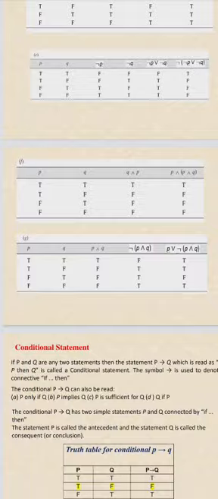First find the value of Q and P, and the final column is the whole statement P and Q. The last example is the statement P or negation of P and Q. First write the values of P and Q, then the negation of P and Q, then the final column, the whole statement P or negation of P and Q. These examples show the truth values of some statements.